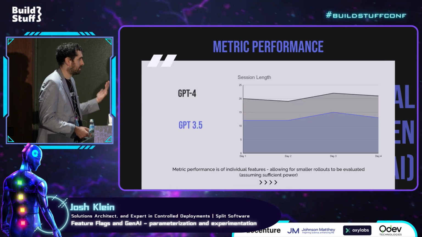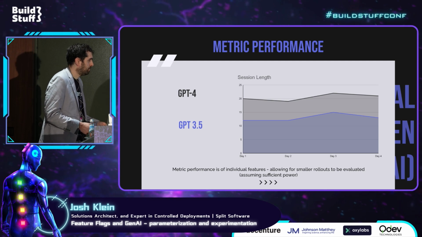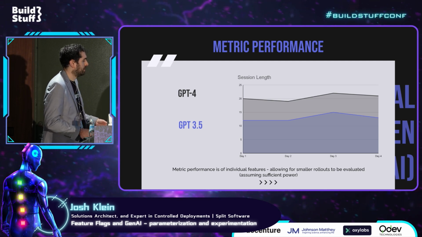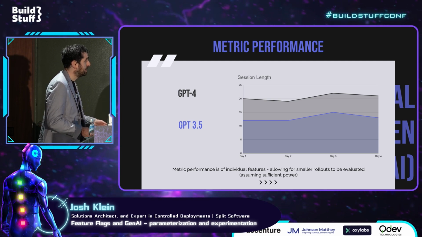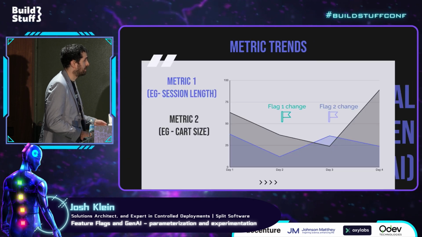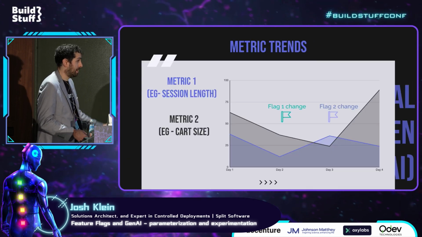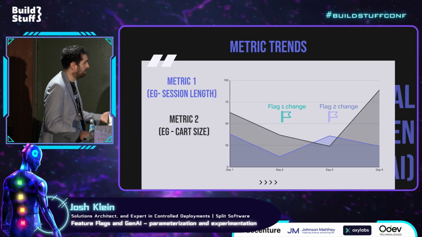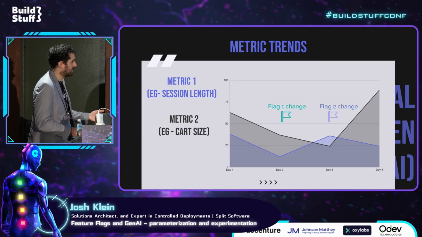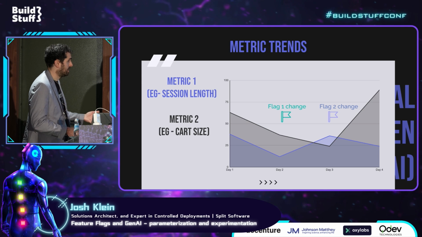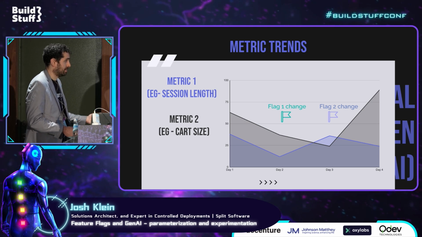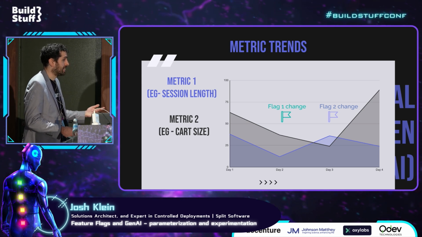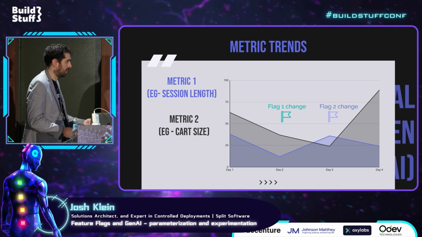And so here's an example, right? Metric performance of individual features can be different from performance of your system on the whole, so it's important to keep that in mind. It could be that cart size is increasing because of a flag 2 change, or because of a flag 1 change that was just delayed, as it took a while for it to affect users.